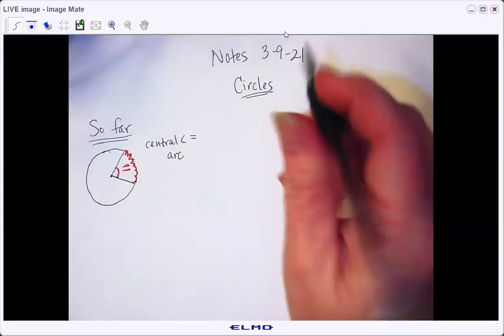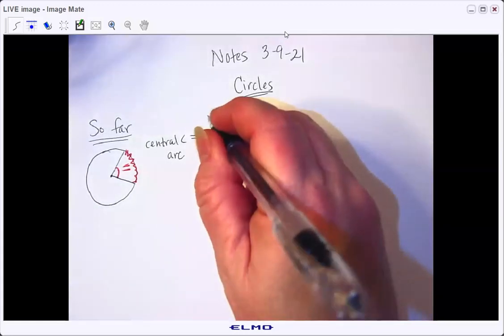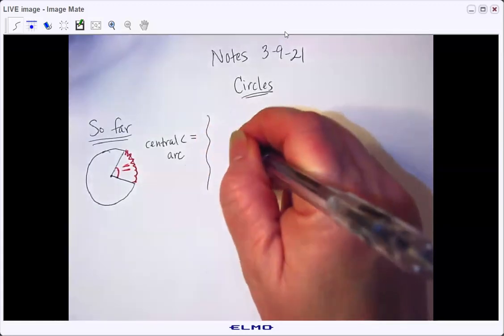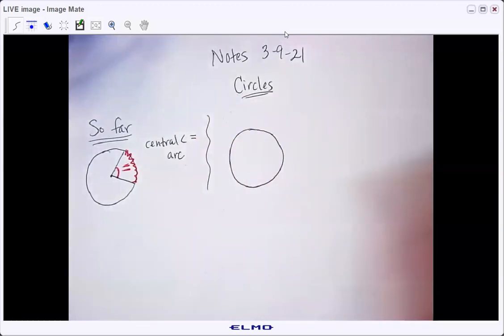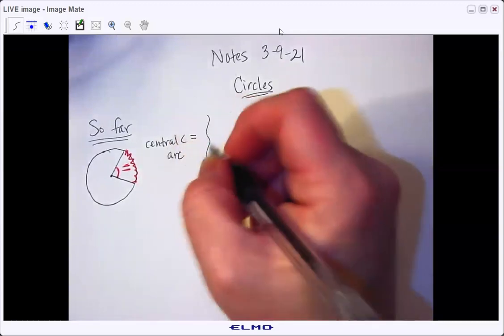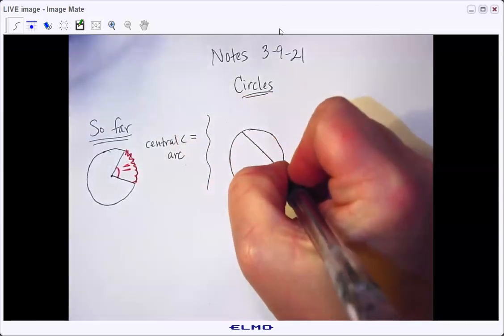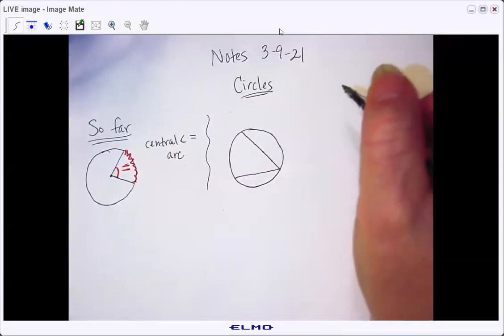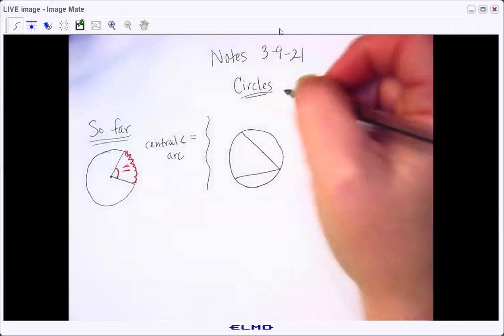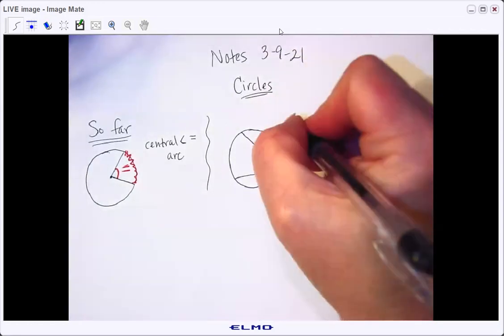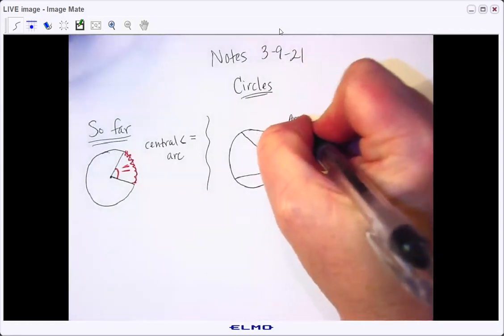We've also had an inscribed angle. And an inscribed angle goes all the way across the circle, where we know that the arc is bigger.